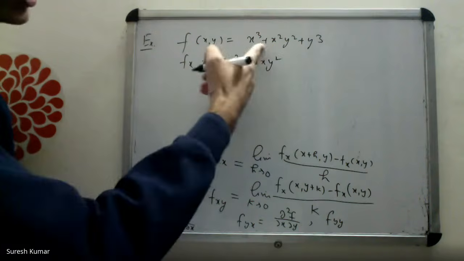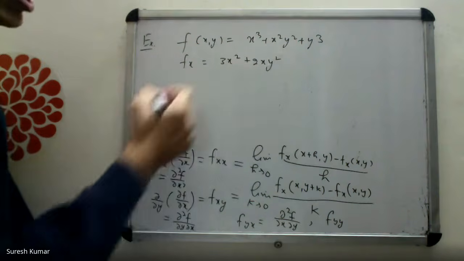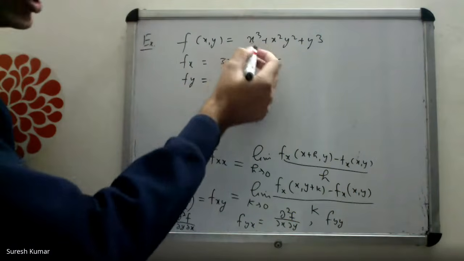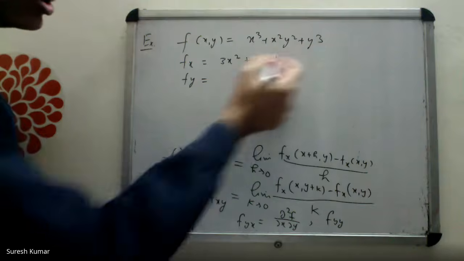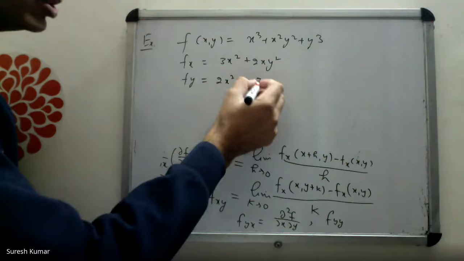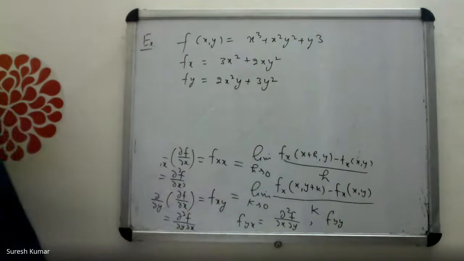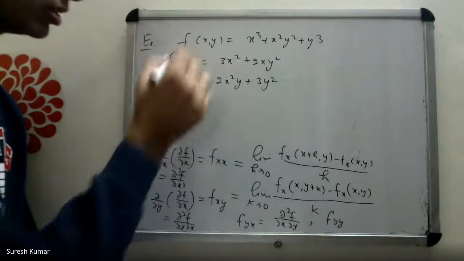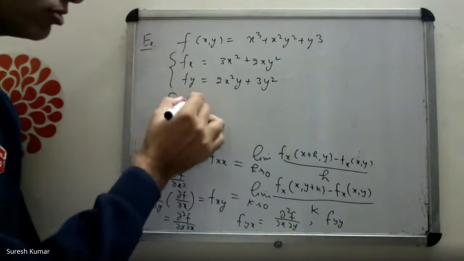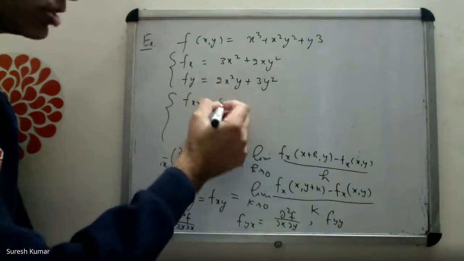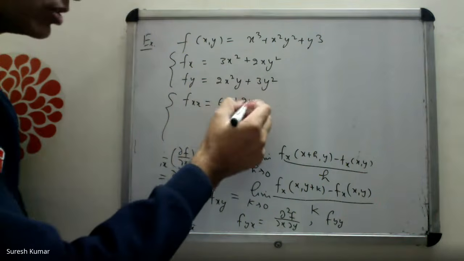You are treating y as constant, so this is the derivative with respect to x. f_y, this time x is constant throughout, so you get 2x squared y plus 3y squared. These are first order partial derivatives. Further differentiation, suppose I want to write f double x. Differentiate it again with respect to x, so you get 6x plus 2y squared.